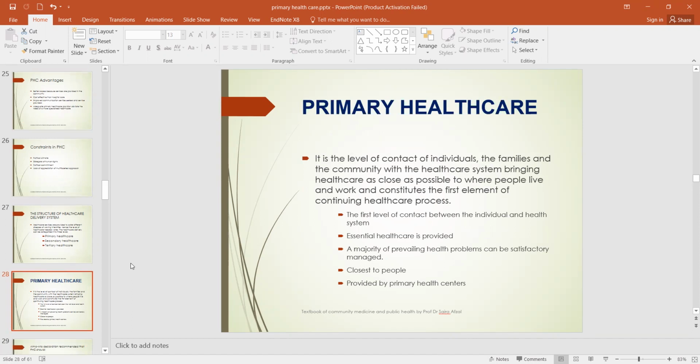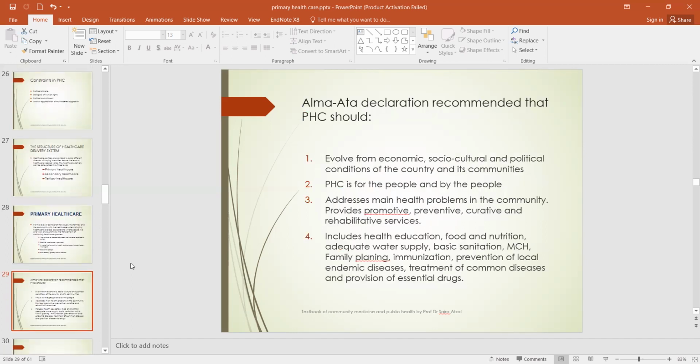The first level of contact between the individual and health system, essential healthcare is provided. The majority of prevailing health problems can be satisfactorily managed closest to people, provided by primary health centers. Alma Ata Declaration recommended that primary health care should evolve from economic, socio-cultural, and political conditions of the country and its community.